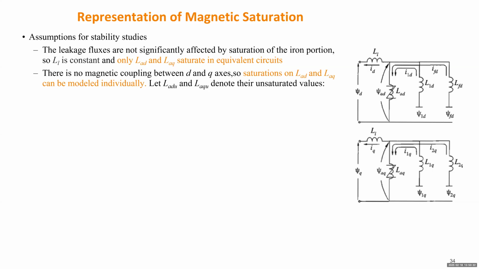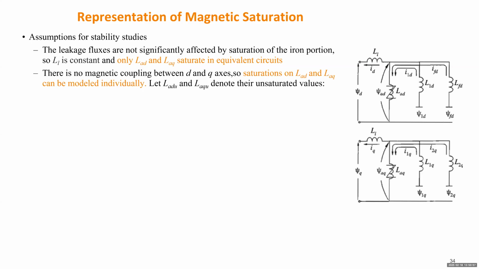The second is there's no magnetic coupling between D and Q axis. This is pretty useful. So the saturations on D and Q axis can be studied separately, which means you need to find the inductance without saturation in the D axis and another value for Q axis.